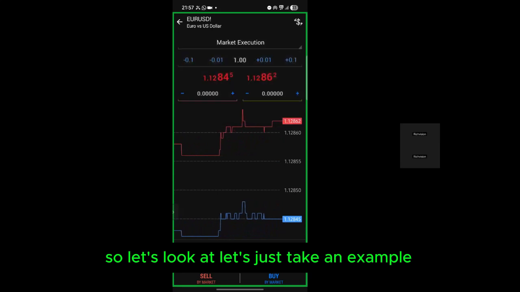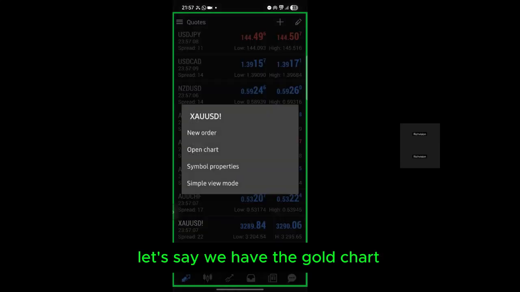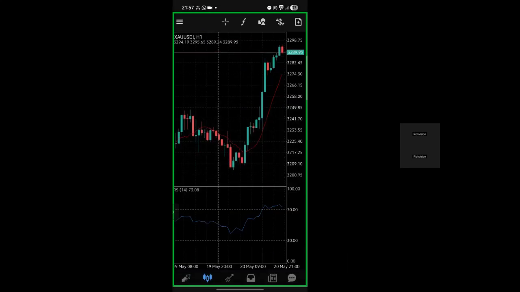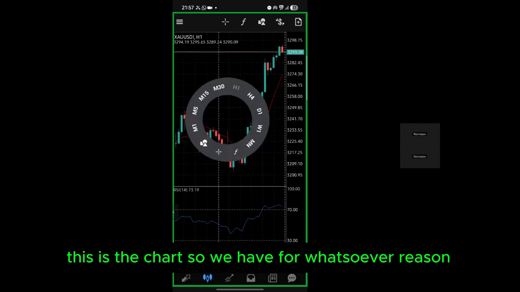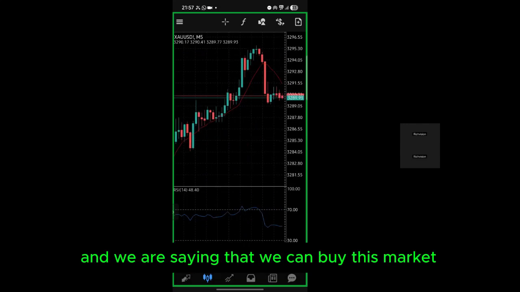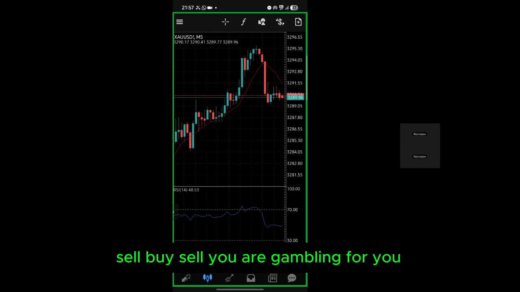So let's just take an example. Let's say we have the gold chart. This is our gold, this is the chart. For whatsoever reason, we've looked at our chart, our chart is fine, and we are saying that we can buy this market. Please do not just go on the platform and click buy, sell.